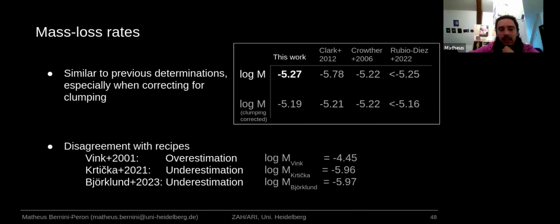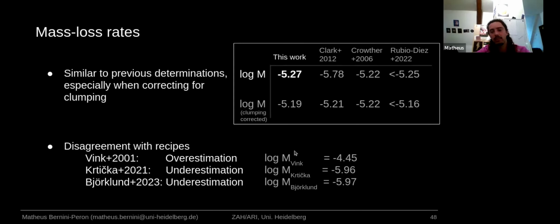And then we compared the mass loss rate that we obtained against the mass loss rate recipes that we have available in the literature. By mass loss rate recipes, I mean functions that give you the mass loss rate as an output of the stellar properties for stellar evolution models. The standard nowadays is the Vink mass loss rate.